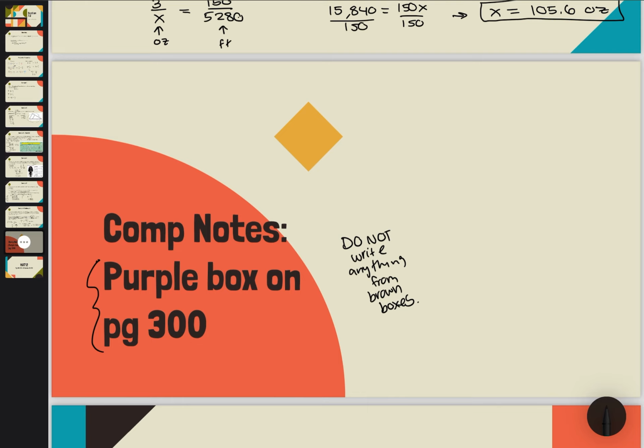You are welcome to write definitions, but the things in the tan or brown boxes, the helpful hints, do not put those in. Those are not allowed. Only the theorems in the green boxes, the occasional purple box. So I'm letting you know the purple box on page 300, and the definitions, things highlighted in yellow. Those are the only things that are allowed in your comp notes. So feel free to get working on those and continue on with the rest of the subplans.